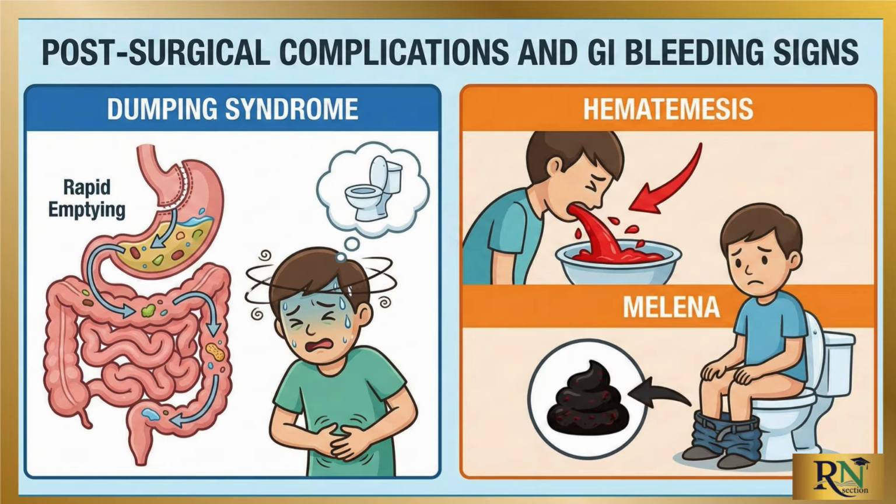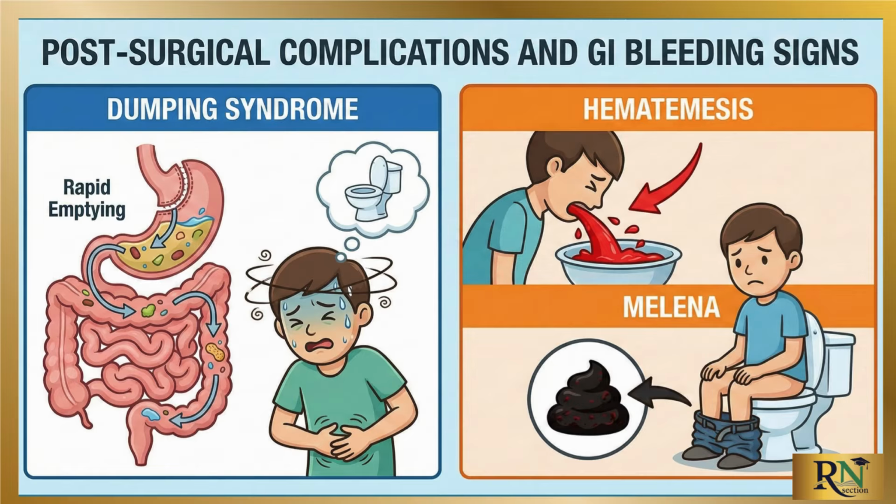It requires specific dietary teaching, small frequent meals, no fluid with food. So dumping syndrome is a rapid emptying of stomach contents into the small intestine, causing cramping, diarrhea, and hypoglycemia. Food dumping too fast, symptoms hit quickly after eating.